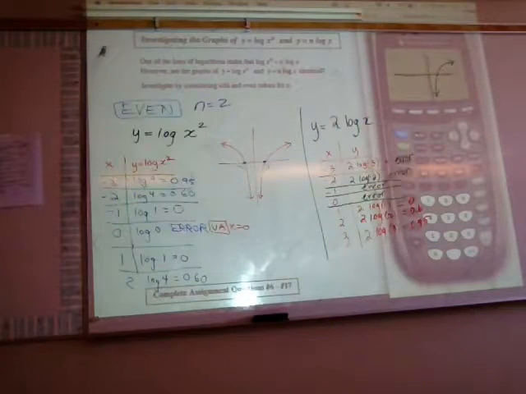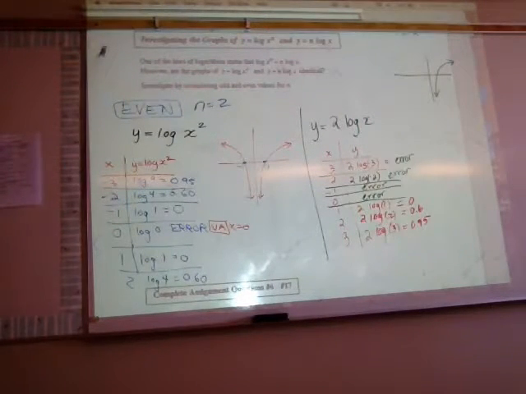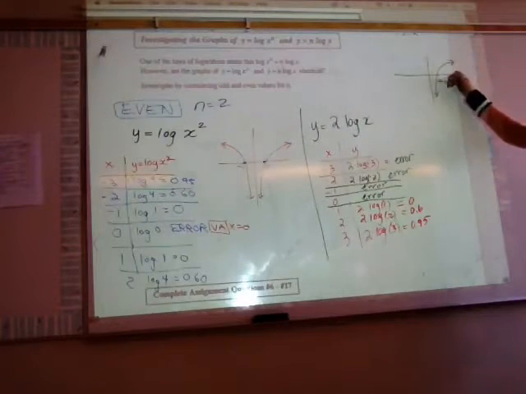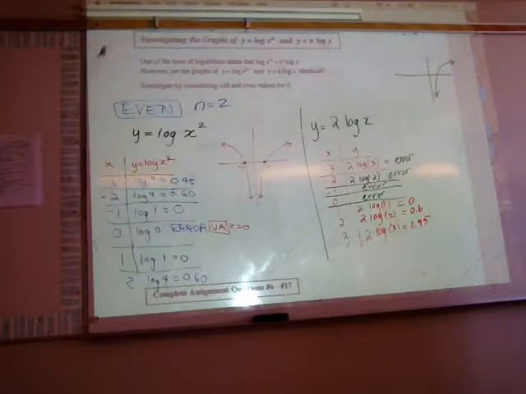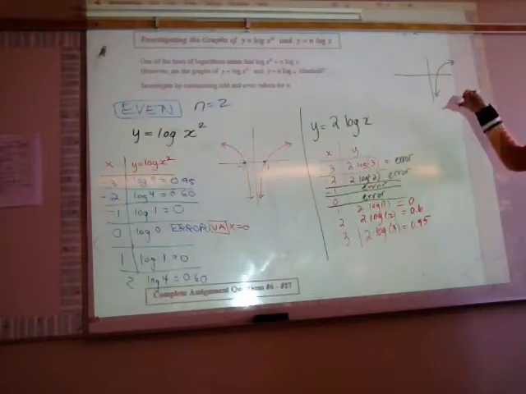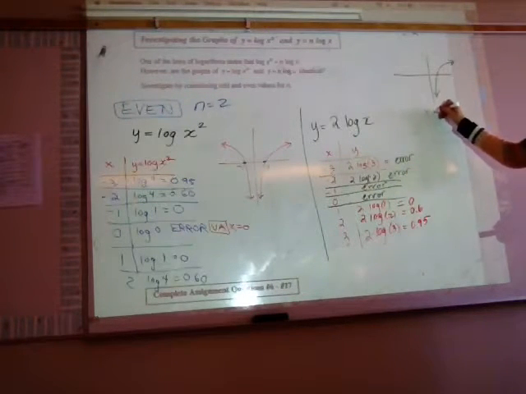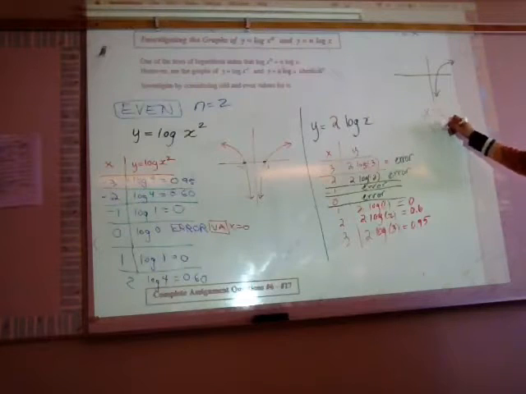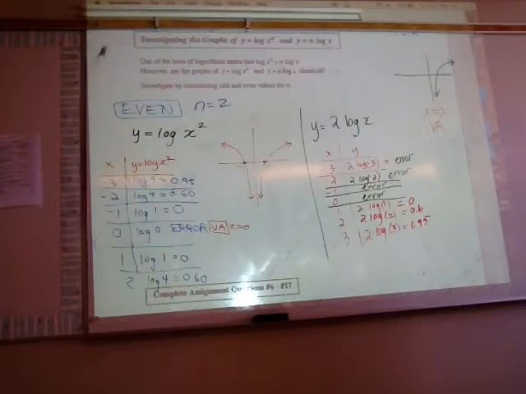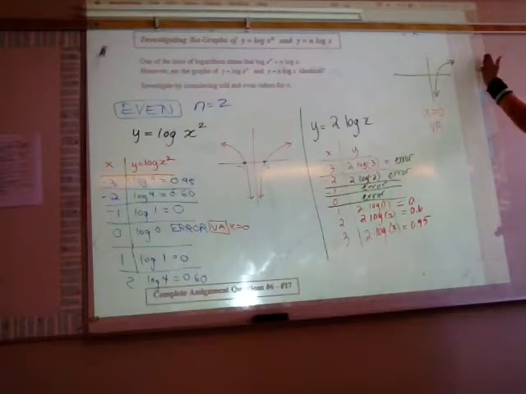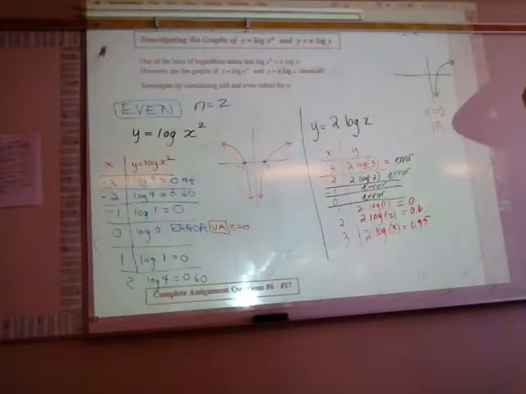Okay, where are we approaching? What's this line? The y-axis, which is the equation x equals 0. That is our vertical asymptote. Good.